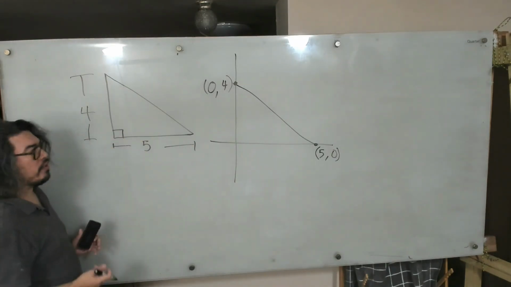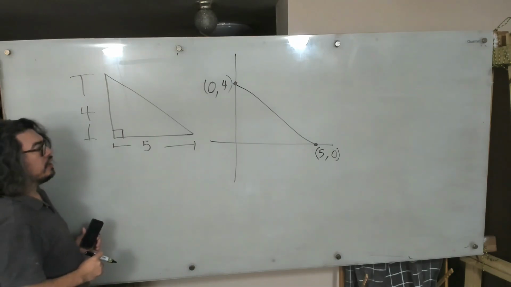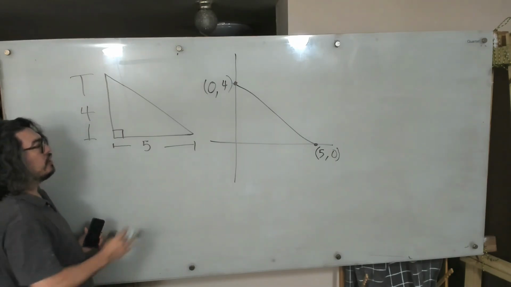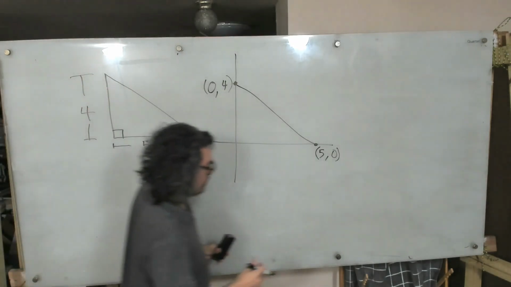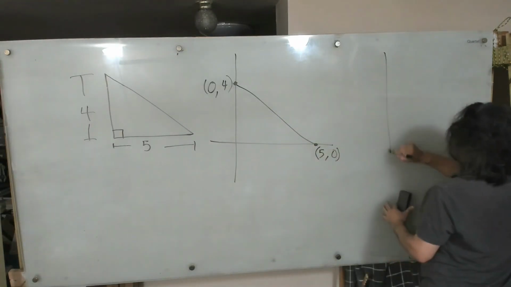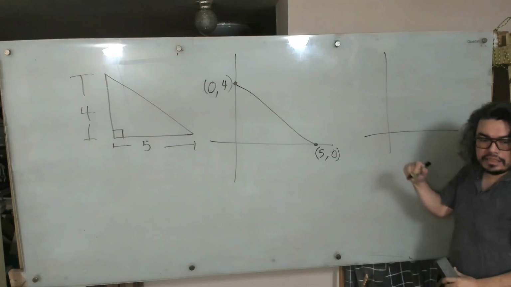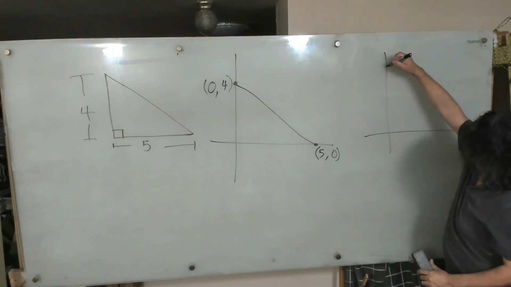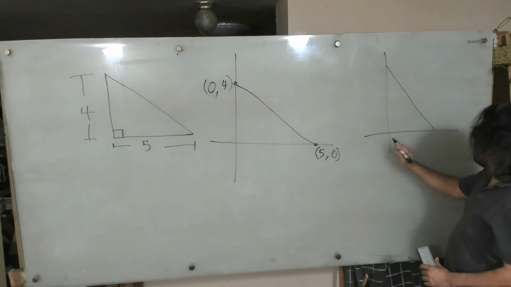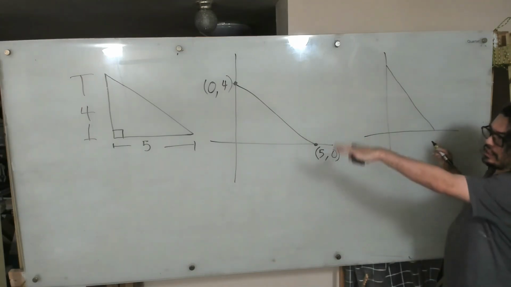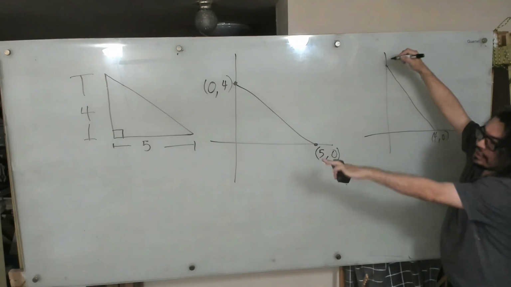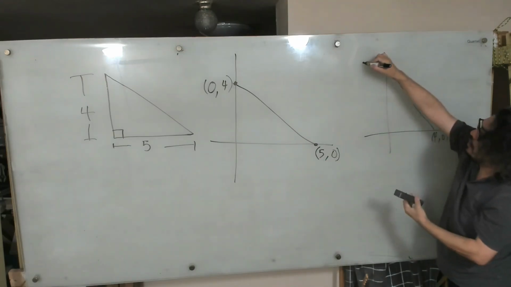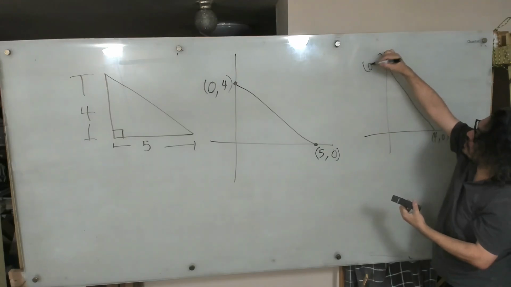Now, some of you may have already noticed, well, David, just to be completely technical here, this triangle, I can flip it around like this, and in that case, wouldn't it be possible for us to place the triangle like this, with the side of length 4 placed along the x-axis, leaving this point to be (4, 0), and placing the side with length 5 along the y-axis, leaving this to be the point (0, 5)?